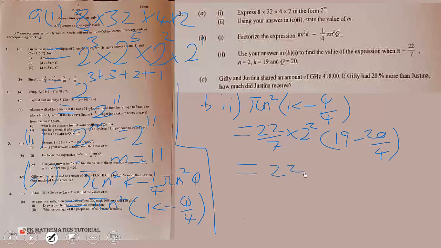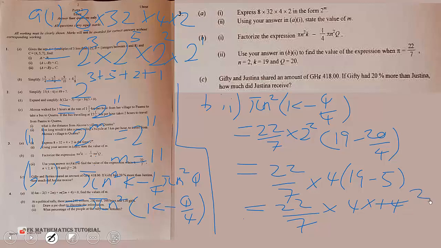So we have 22/7 times 4 into bracket 19 minus 5. So this will give us 22/7 times 4 times 14. 7 going to 14, how many times? That will be 2 times.